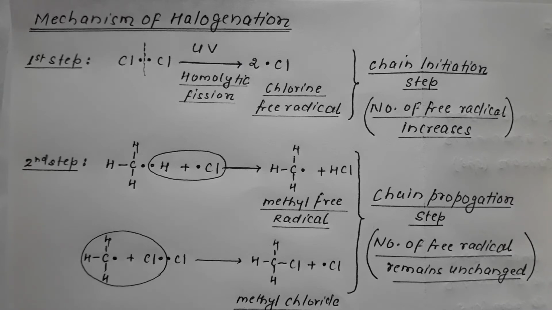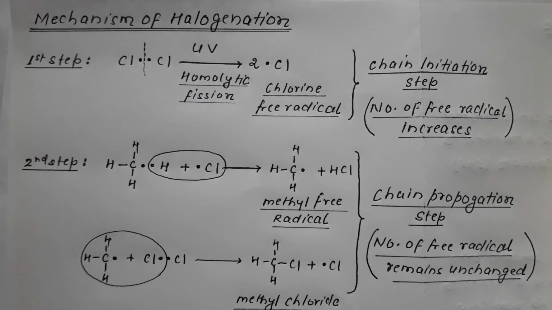But the problem is, if this is followed, then yes, we are getting the product, but nothing is left over to continue this reaction. Hence the chain reaction can't proceed if this happens. So if methyl free radical reacts with chlorine free radical, we get the product, but nothing is left over to continue this chain process.